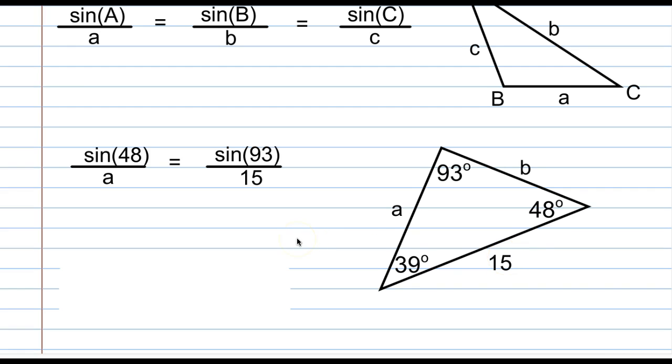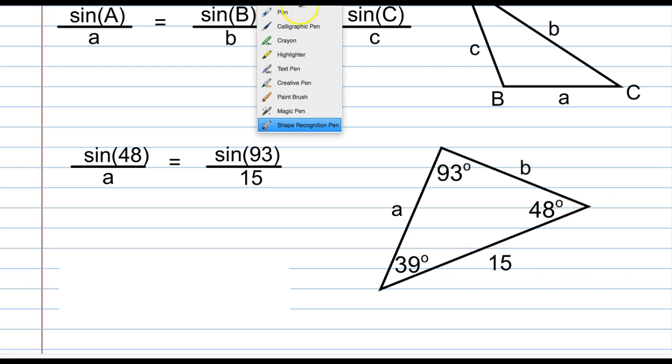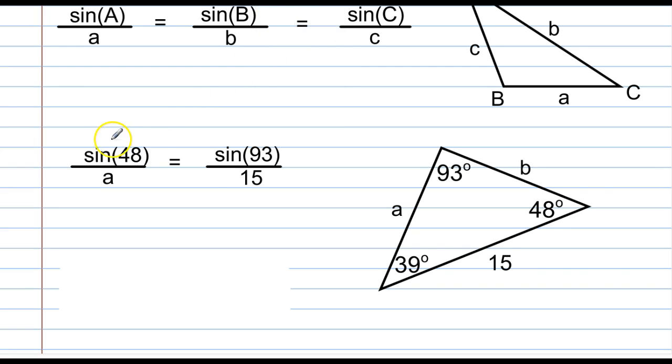So that's what our equation starts off looking like. And from here, since I have two fractions that are equal to each other, I can cross multiply and solve from there. So cross multiplying, I get 15 times the sine of 48 is equal to a times the sine of 93.